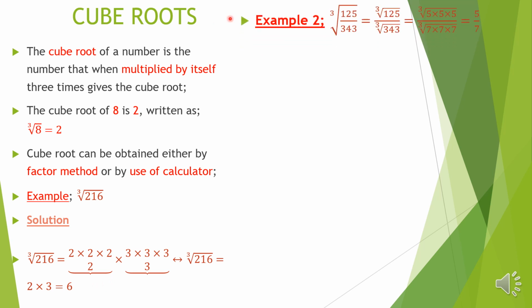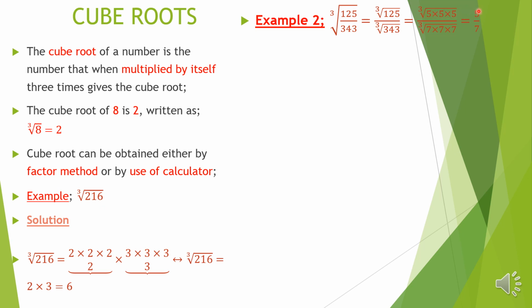Second example: the cube root of 125 divided by 343. This cube root is distributive, that is, the cube root of 125 over the cube root of 343. We write 125 as factors: 5 multiplied by 5 multiplied by 5.